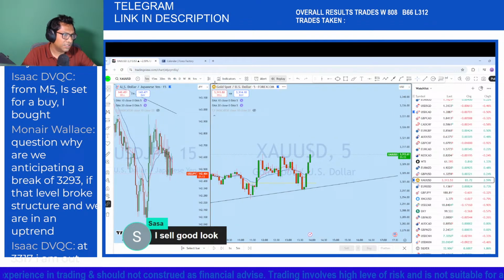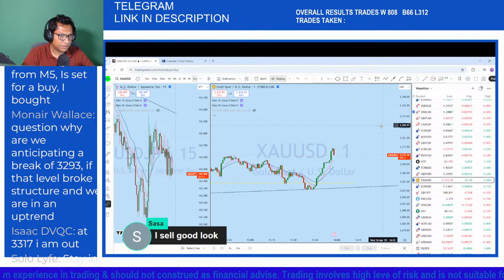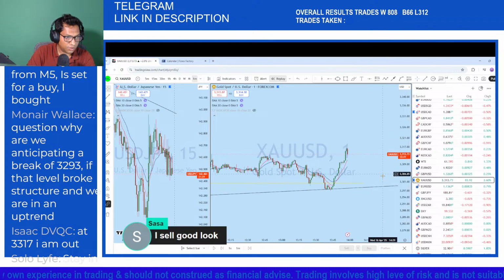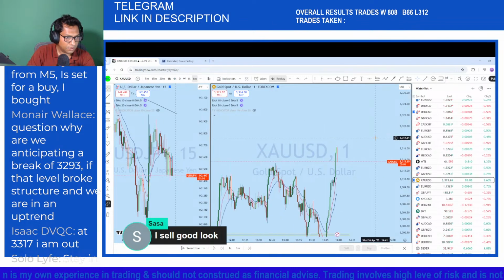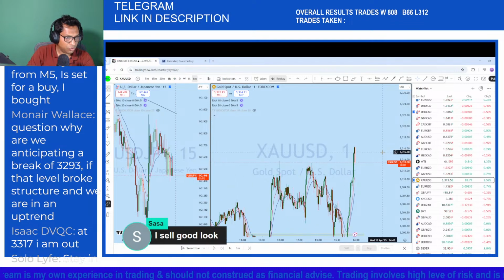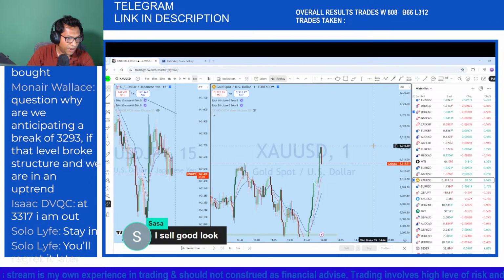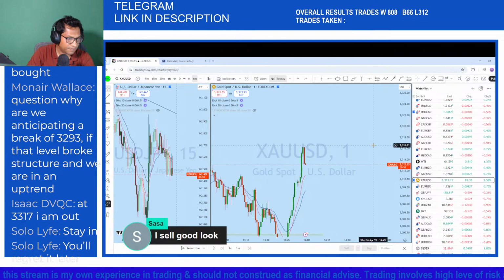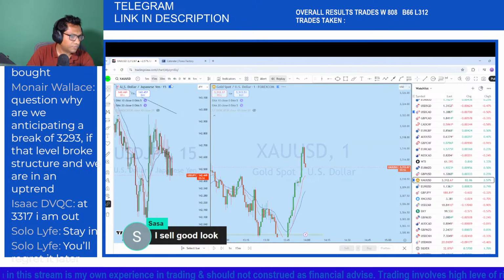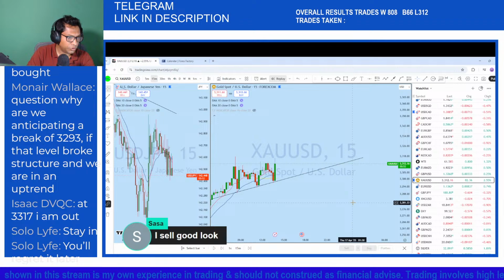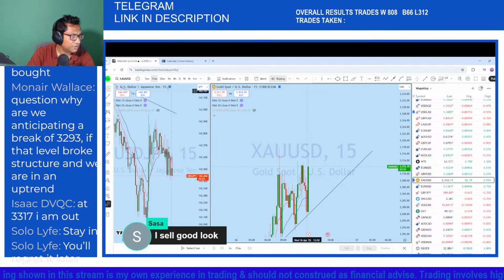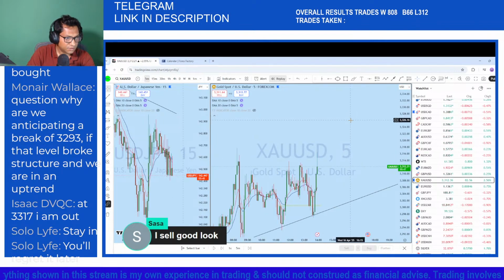In the last moment, we can see there is a pullback. So for us to have an entry above this level here, we can see a possible entry opportunity in this market.